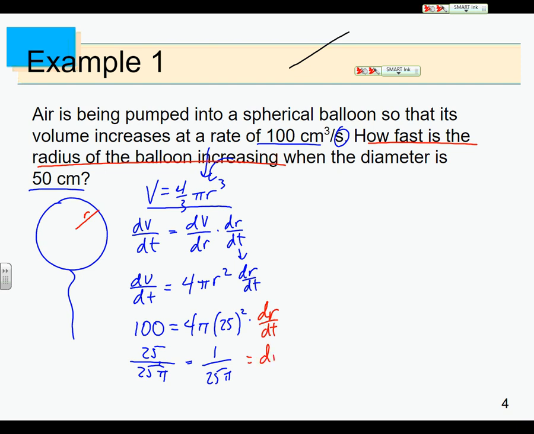That's going to equal my dr over dt. Let's throw some units on there. We're talking about the radius. The radius is being measured in centimeters, and time is in seconds. So the radius of the balloon is slowly increasing by 1 over 25 pi centimeters every second.